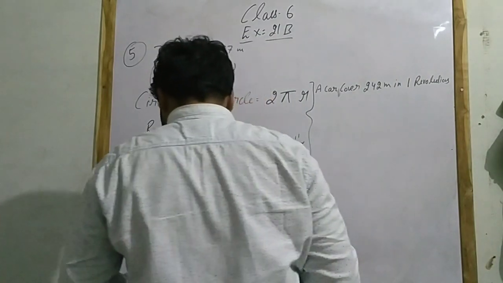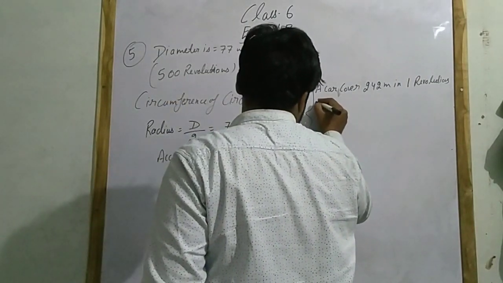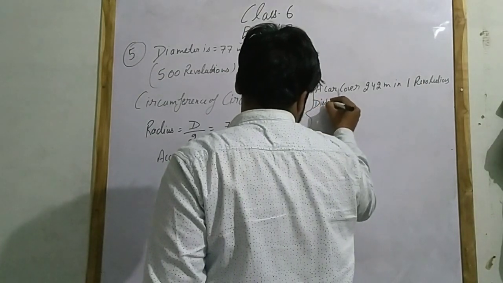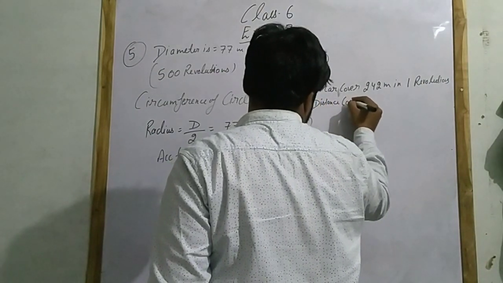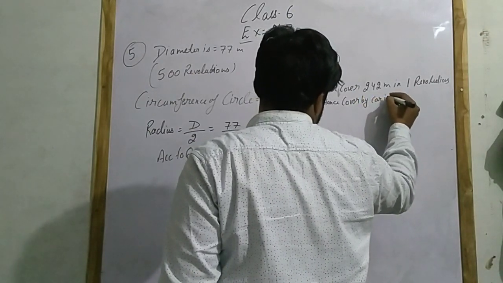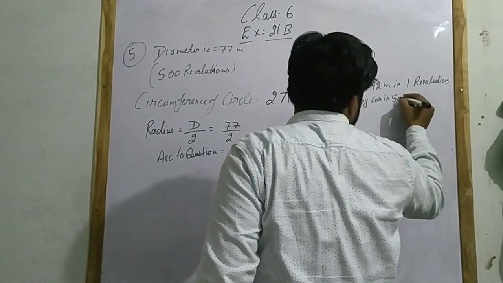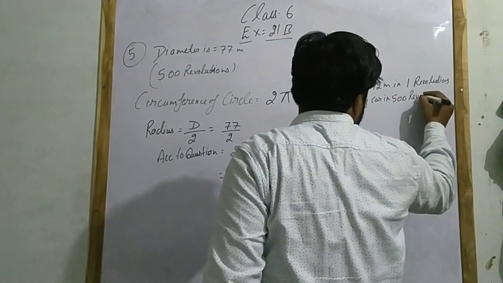After that we have to find the distance for 500 revolutions. So the distance covered by the car in 500 revolutions.